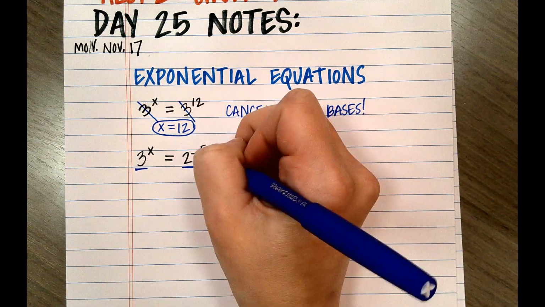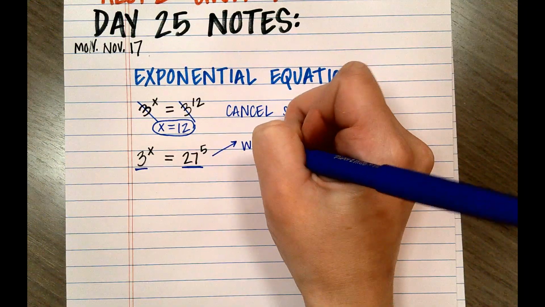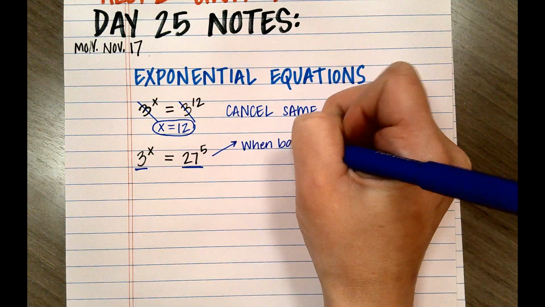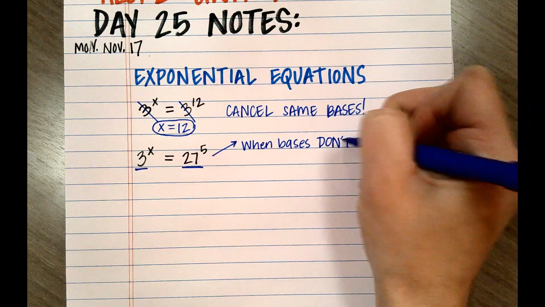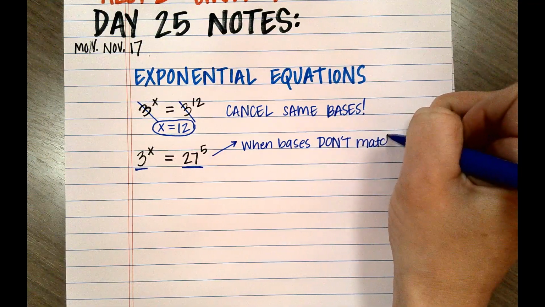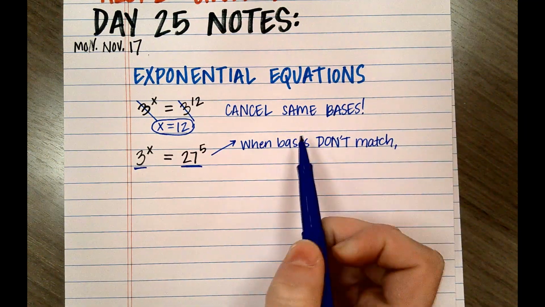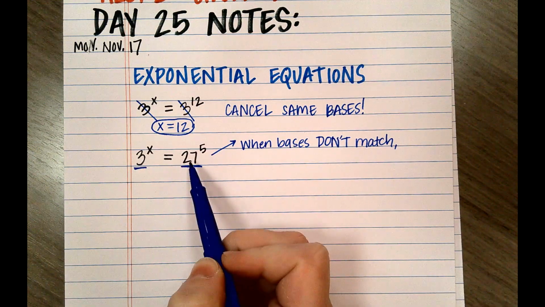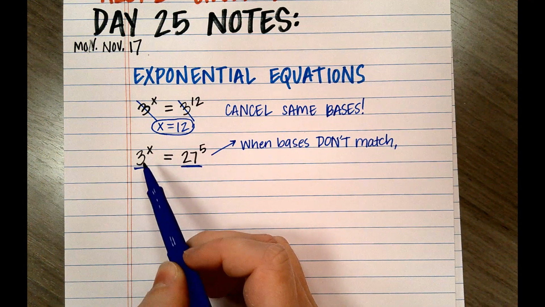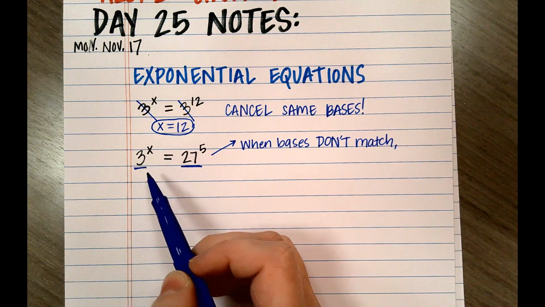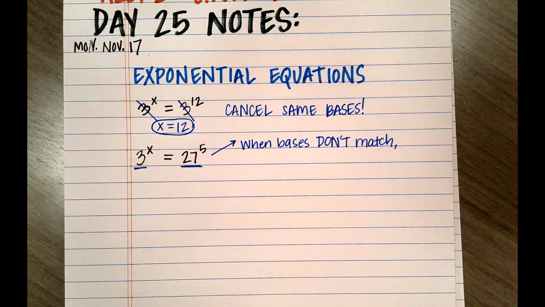So I'm going to make a little note beside when bases don't match. What we're doing is we're trying to rewrite 27 with the base number as 3. So we're trying to say 3 to the what power is 27.